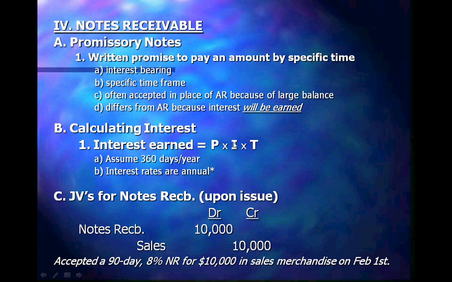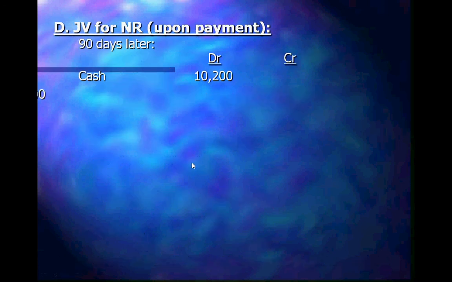So my principal times interest times time got me $200 in interest earned, or interest paid by the borrower. So here's that journal entry again. Interest earned was $200. Debits must equal credits, so 10-2 is the cash they actually collected after 90 days. The note goes down to 0 with this credit, and the interest earned is a revenue account that goes up with a credit of 200.